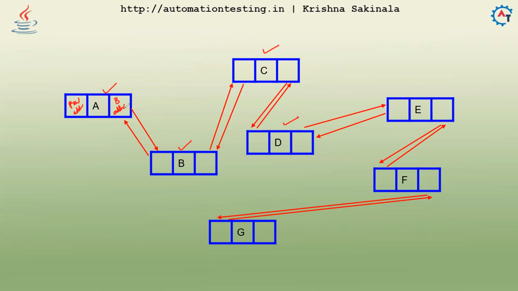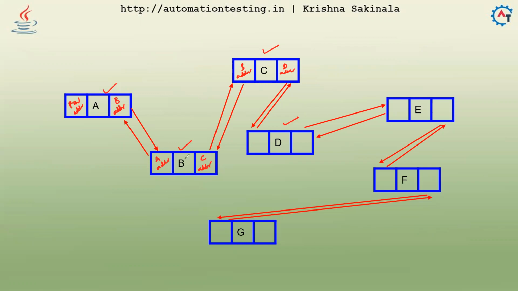So B will have A address as the previous element address, and in the next it will have C address. In the same way, C will have B address and here D address. So that will hold that information. This is how it will be implemented internally. The data will be stored something like this.